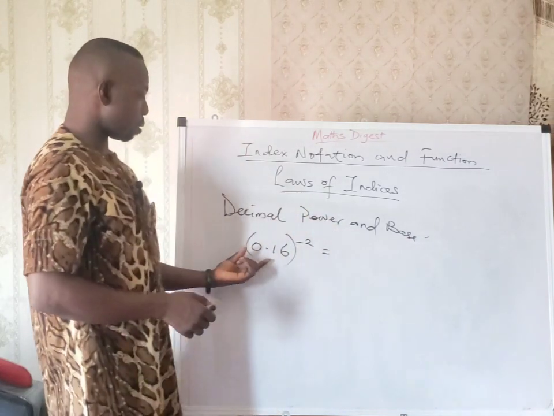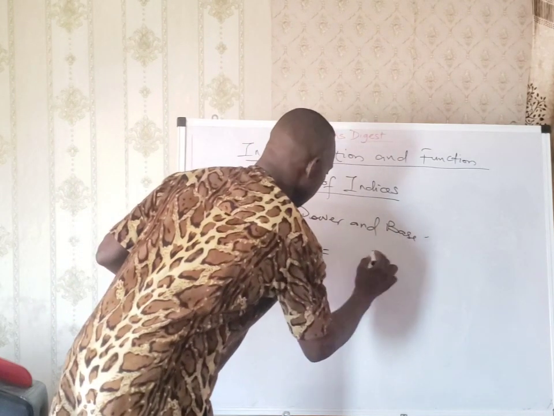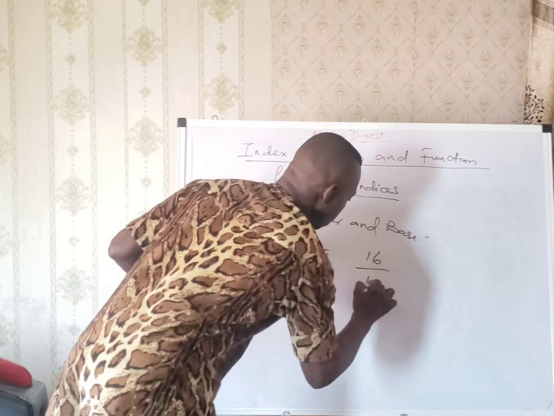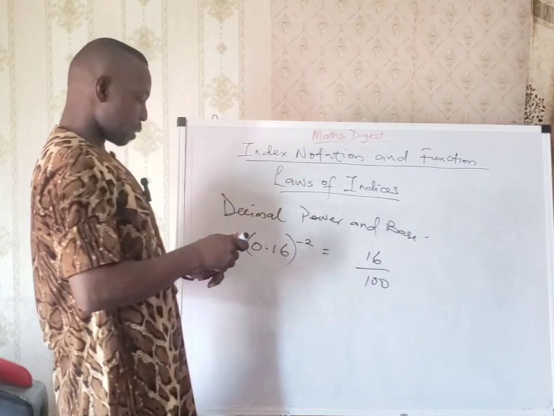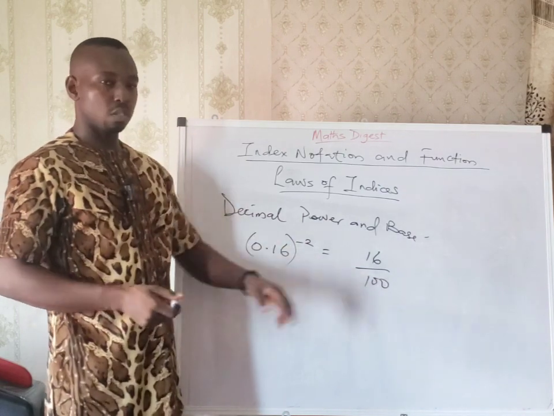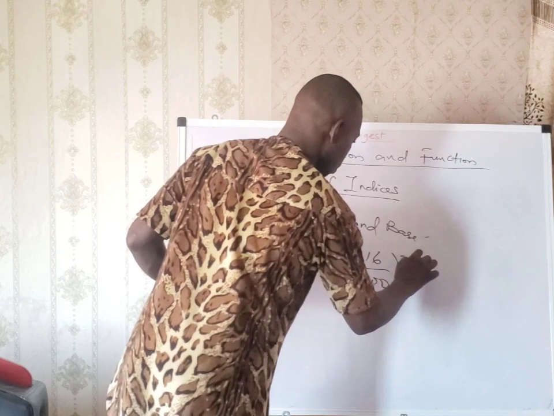The decimal falls on the base, which is this. Now what you simply do is you say 16 over 100. Remember, 16 over 100 has already taken this to fraction. Now you also have your minus 2.